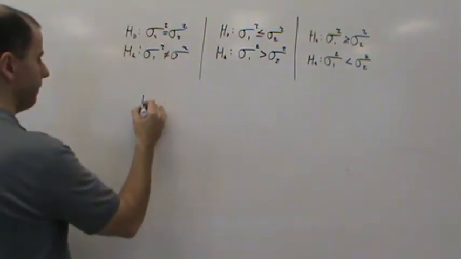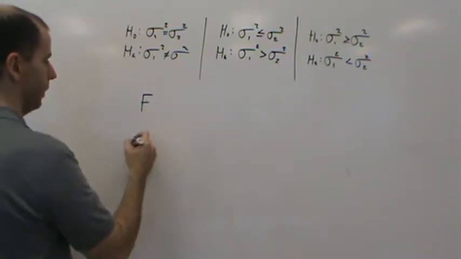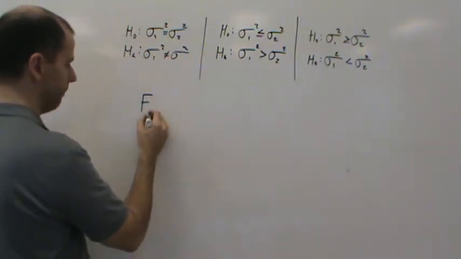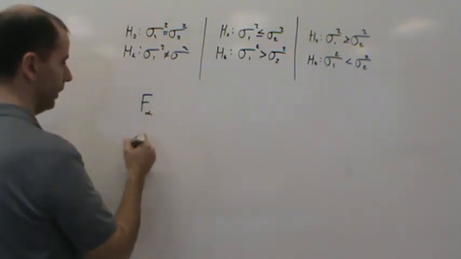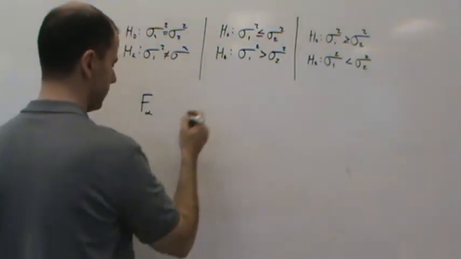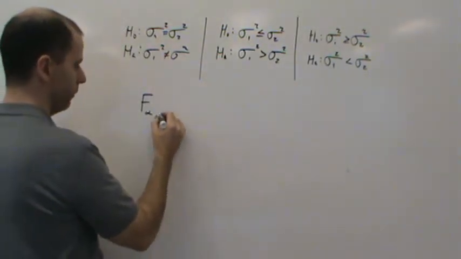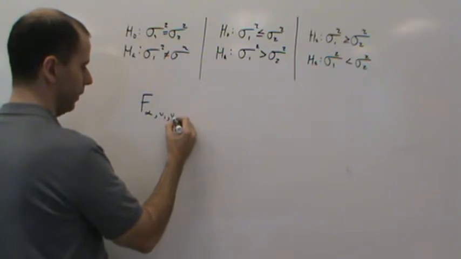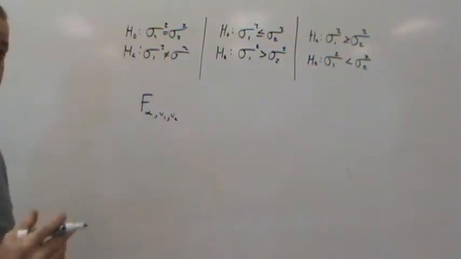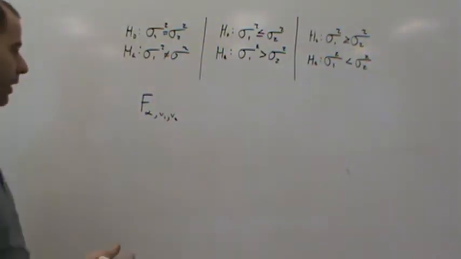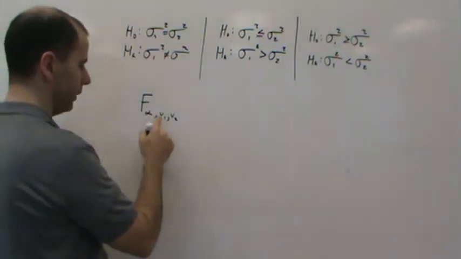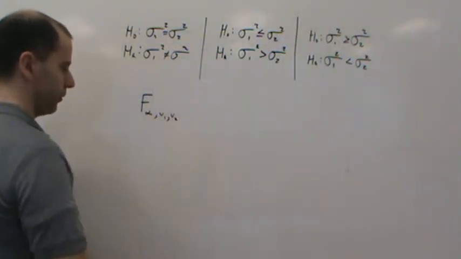So we're going to need to find our F critical value, F alpha, if it's a one-tailed test, comma V1, comma V2, because the two degrees of freedom are involved. So we need to know alpha and our two degrees of freedom.